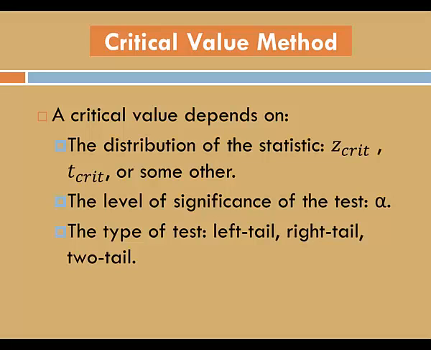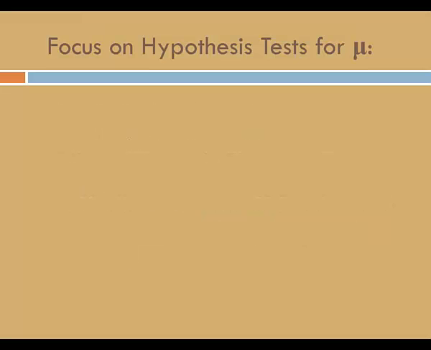In other words, t-critical. If the test statistic follows some other distribution, then we should find a critical value from that distribution. A critical value also depends on the level of significance for a test. In other words, alpha. And finally, a critical value depends on the type of test, whether it's left-tailed, right-tailed, or two-tailed.